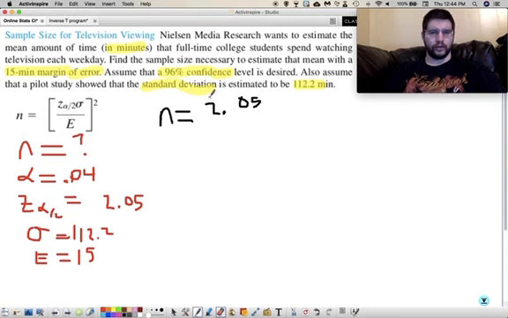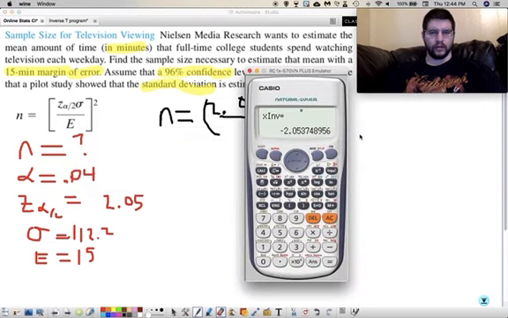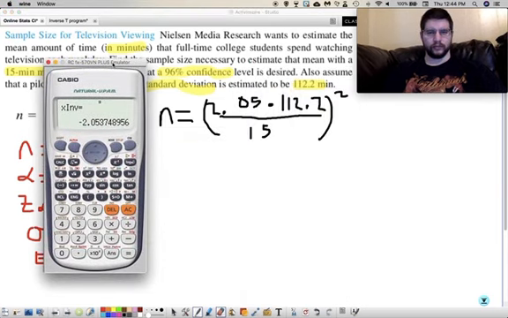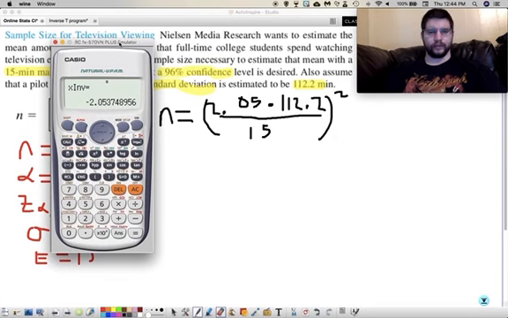Don't forget we're squaring all this. And square it. So yeah, type it in.